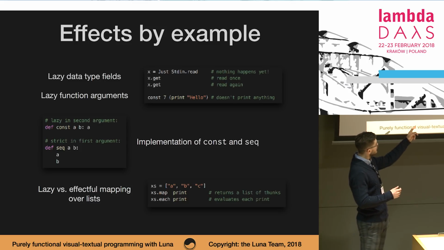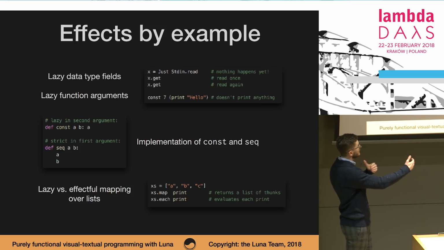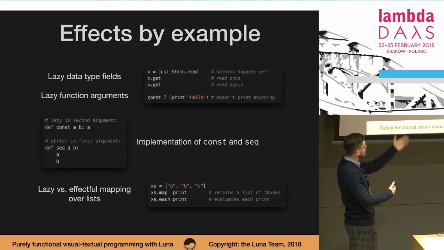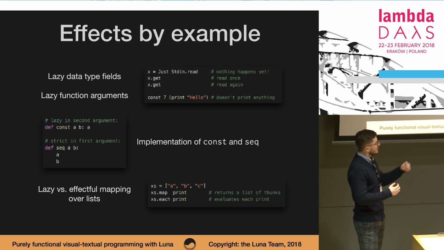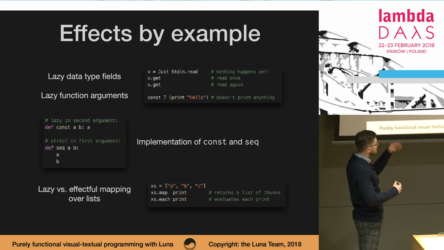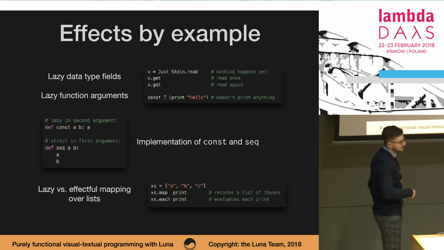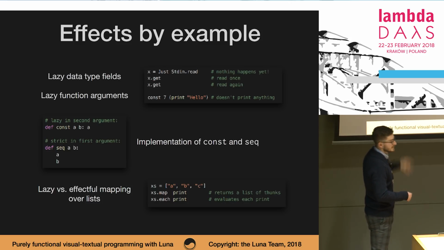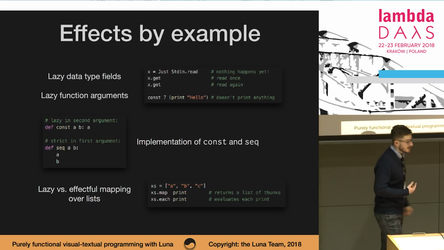The first map will just give you a list of unevaluated actions, while the second one will actually force evaluation of each action and do pretty much what you would expect in such case, right? So actually print something. And if you look at our source code and see the implementation of each and map, the difference is pretty much the same as the difference between const and seq. So this all revolves around the same idea.